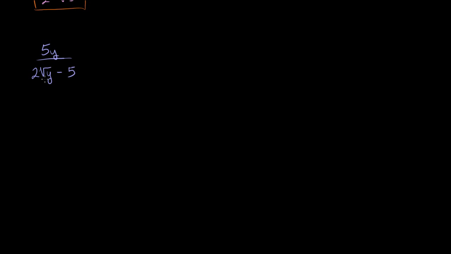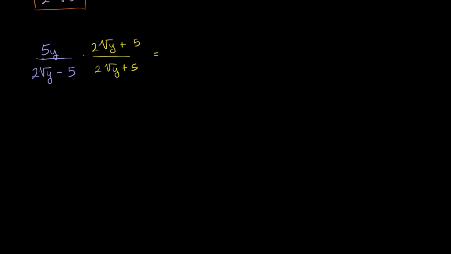We have a binomial with the irrational denominator. It might be irrational. We don't know what y is, but y can take on any value. So at points, it's going to be irrational. So we really just don't want a radical in the denominator. So what is this going to be equal to? Well, let's just multiply the numerator and the denominator by 2 square roots of y plus 5 over 2 square roots of y plus 5. This is just 1. We are not changing the number. We're just multiplying it by 1.